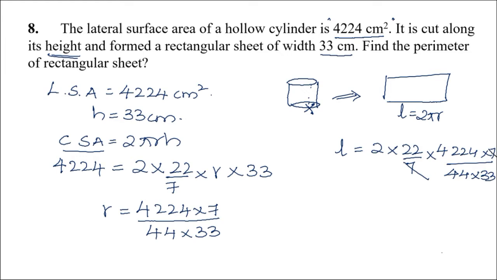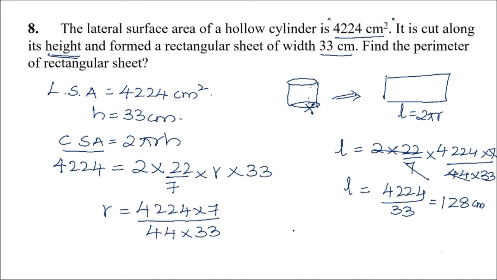Here 7 will get cancelled, 44 gets cancelled. We'll be getting L as 4224 divided by 33. When we simplify this, we'll be getting the length as 128 centimeters.